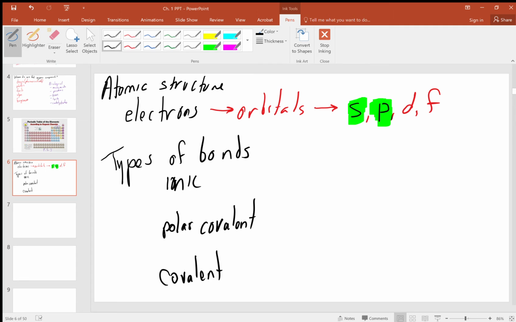Now, what's the difference? So an ionic bond is typically a metal and nonmetal, whereas either type of covalent bond is between two nonmetals.